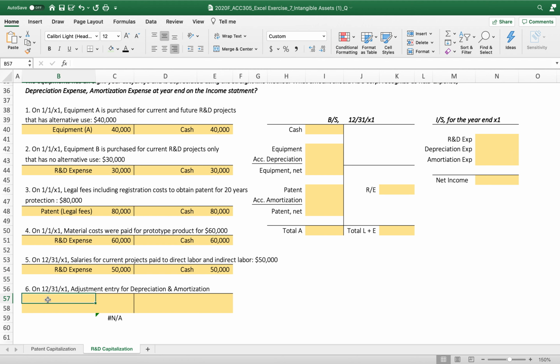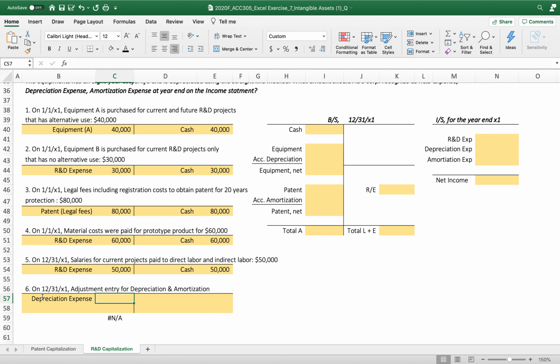Then adjustment entry for depreciation and amortization. So we found the equipment is capitalized. And then the patent is capitalized. So 1 year later after acquisition, we should record depreciation expense.